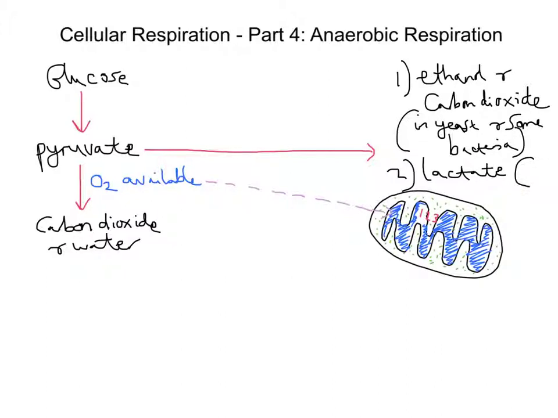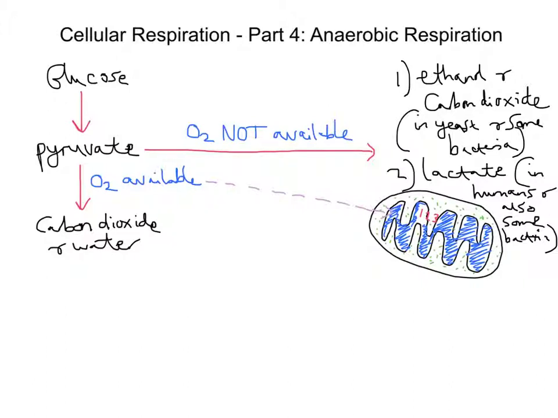And that process happens in humans, and also in some bacteria, because that is the case too. So we can get 2 paths without oxygen. When O2 isn't available, that pyruvate either gets turned into ethanol and carbon dioxide, and that happens in yeast and some bacteria, or lactate, and that happens in humans and some bacteria. So when oxygen is not available, that is what we refer to as anaerobic respiration.